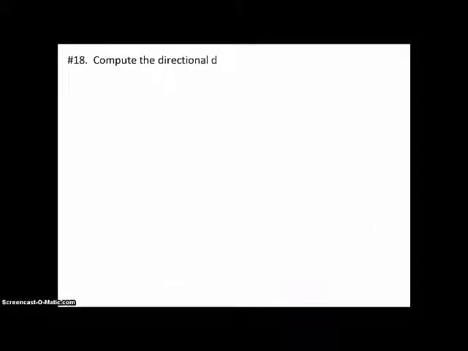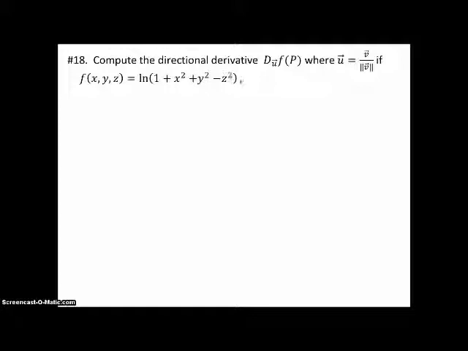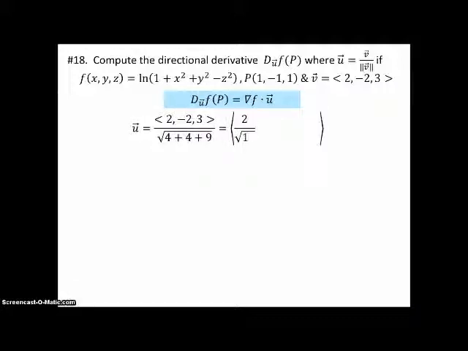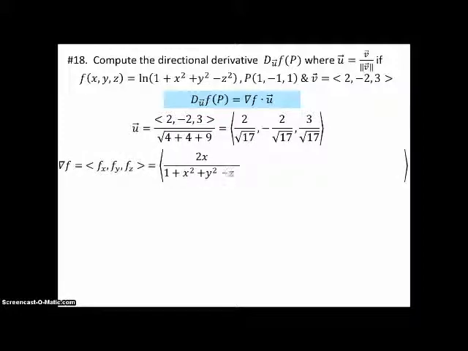Number 18, compute the directional derivative where u is again the unit vector in the direction of v, where the function is given by this expression. We have a particular point, 1, -1, 1, and there's vector v. So again, we're going to use this formula. We compute u by dividing v by its length, and then we want to compute the gradient, which has components of the partial derivatives.